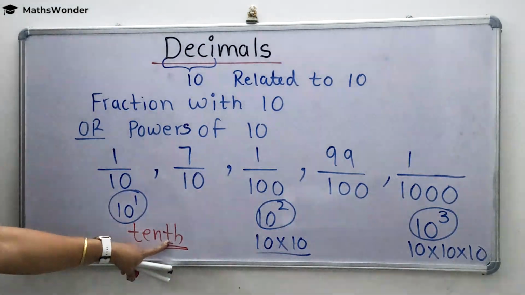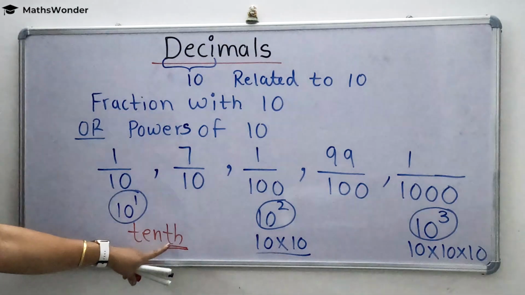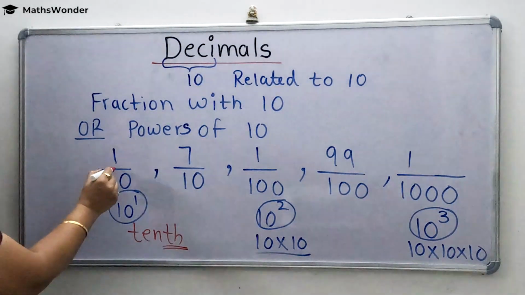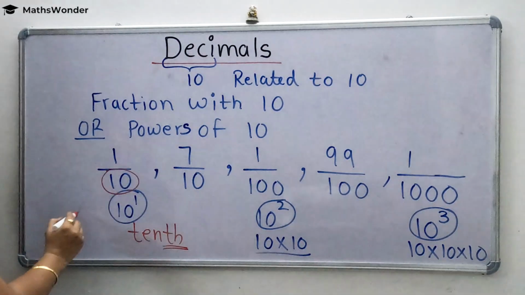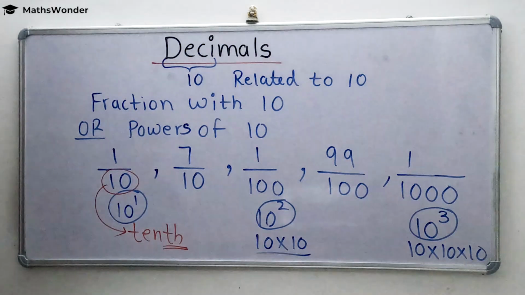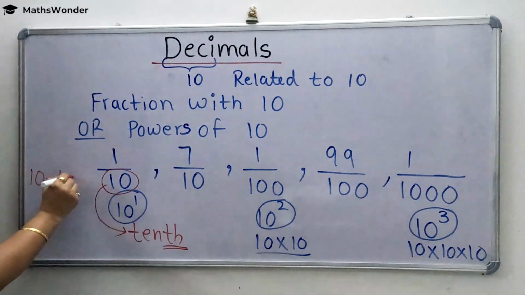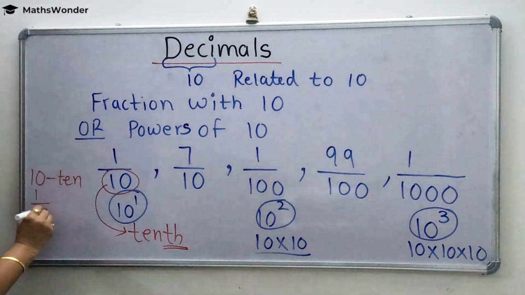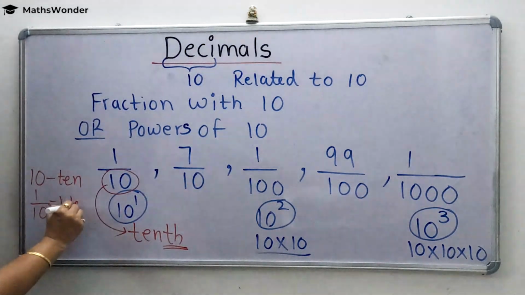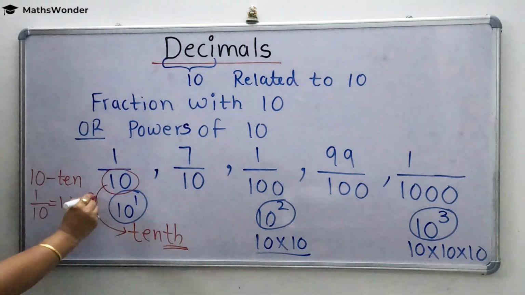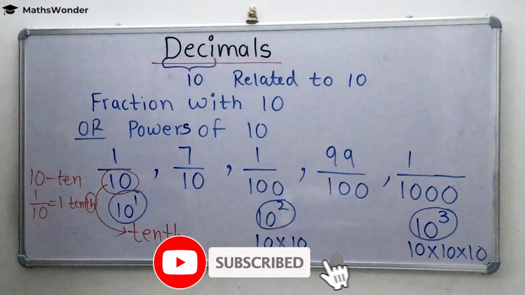But if you put TH with the 10, that means tenth. When you write 10 in the denominator, then you call it a tenth. This 10 you write TEN, but 1 over 10 you will write 1/10th. Understood the difference?